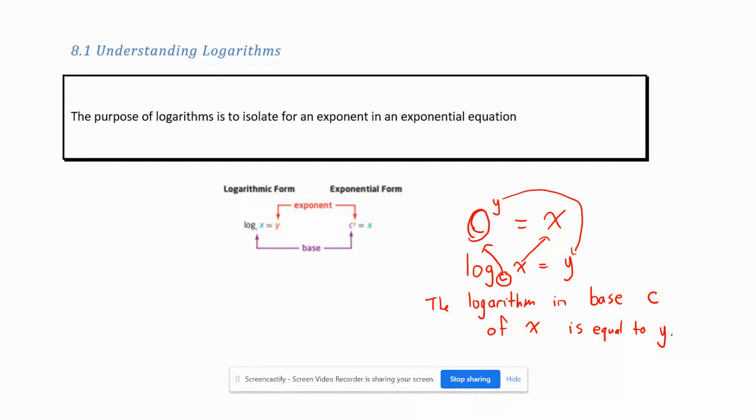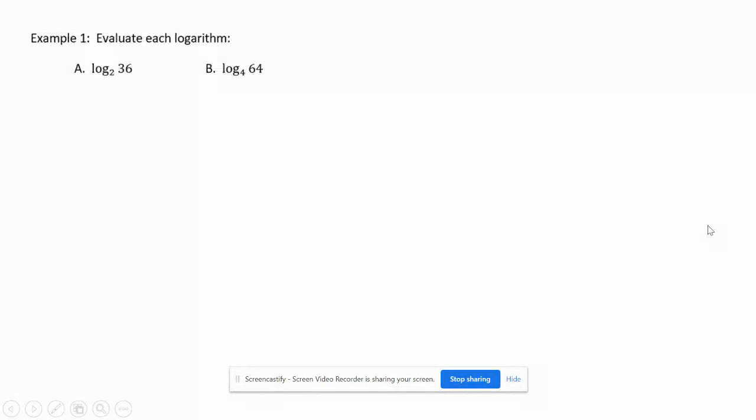So a logarithm is a way that a computer or a calculator can quickly isolate for an exponent when we need to figure out what the exponent is in an equation like this. If I have log base 2 of 36, I'm going to say that this is equal to y.